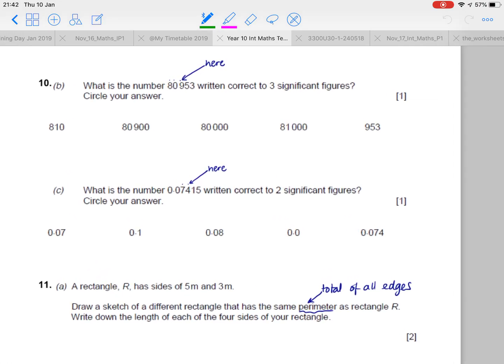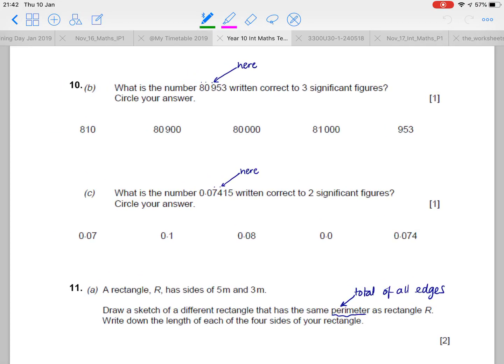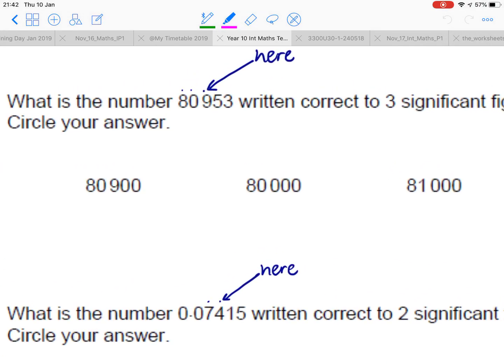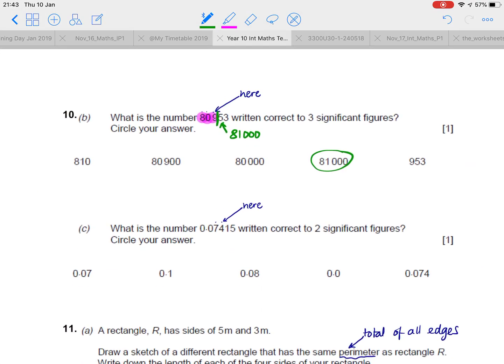Question 10. We're allowed 3 significant figures. So we're allowed these 3. This is my cutoff point. And the 53 here is big enough to make you round up. So 80,953 becomes 81,000.